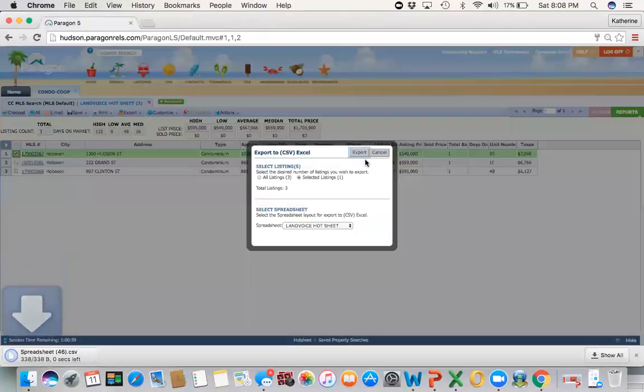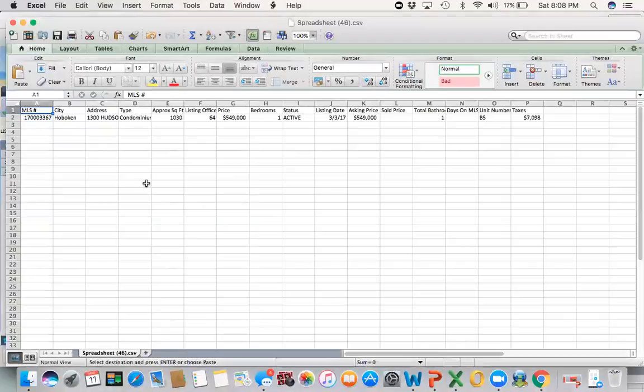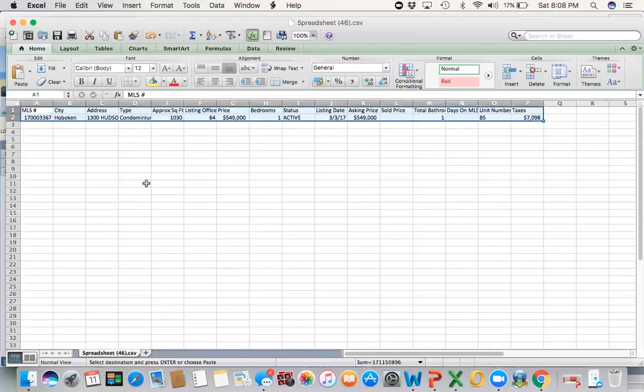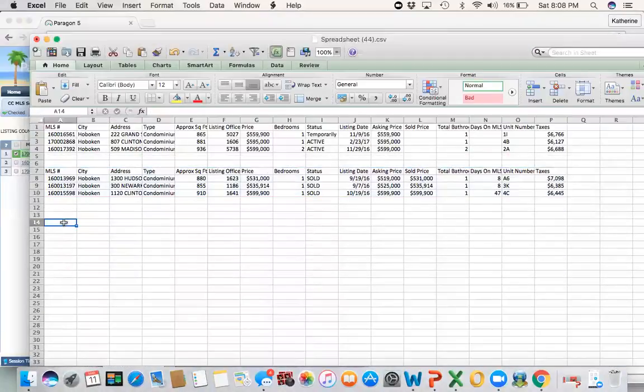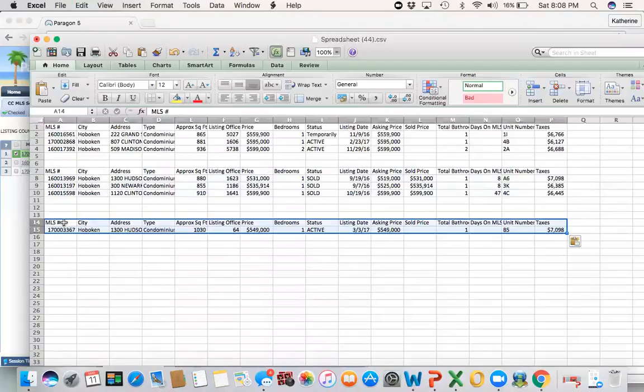Export. So now it's the 46. All right, and then I'm putting it here. And now it's pretty much done. That's really the easiest way to do it.